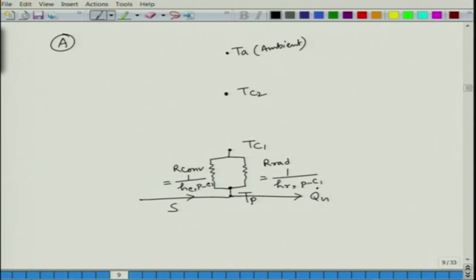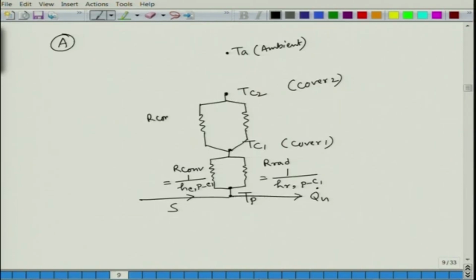This is cover 1 and this is cover 2. Similarly, here also you will have two resistances.